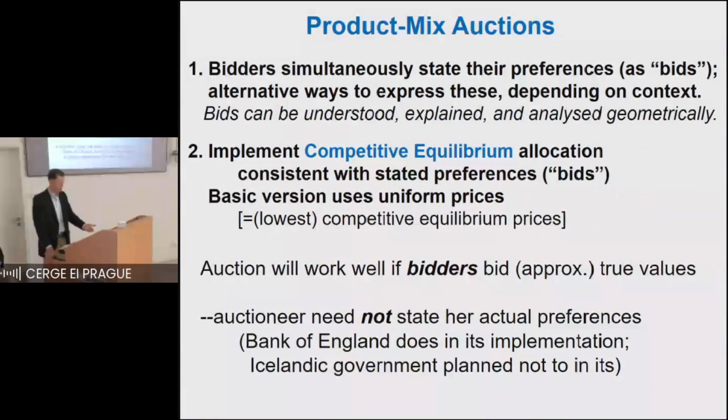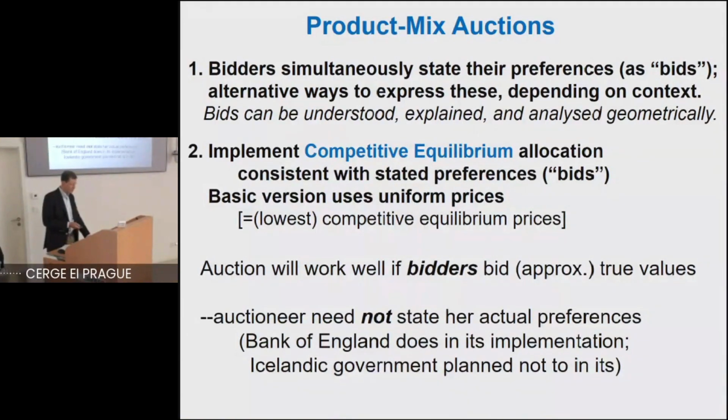The Icelandic government said, well, we want to use our monopoly power, so they can distort their preferences in order to profit maximize rather than welfare maximize. But what is important is that the bidders behave competitively.